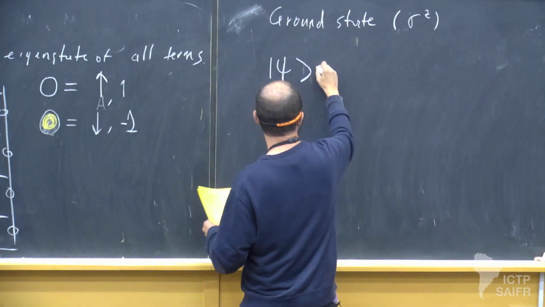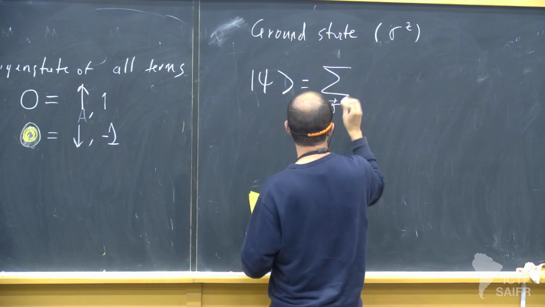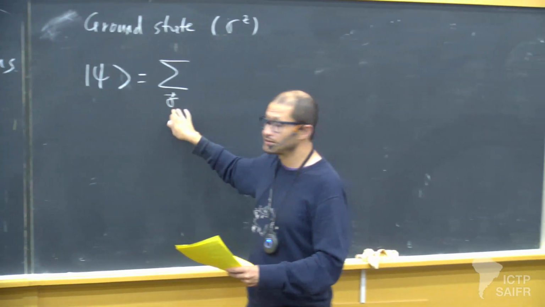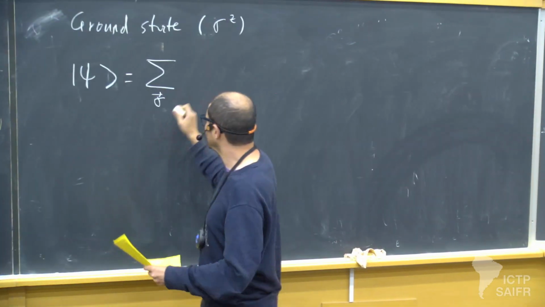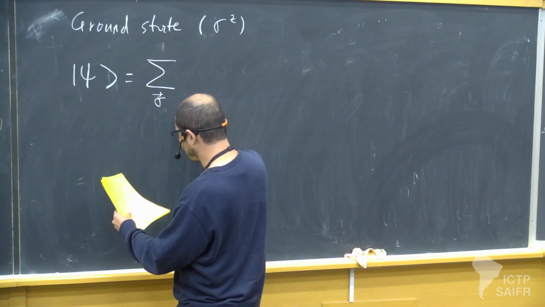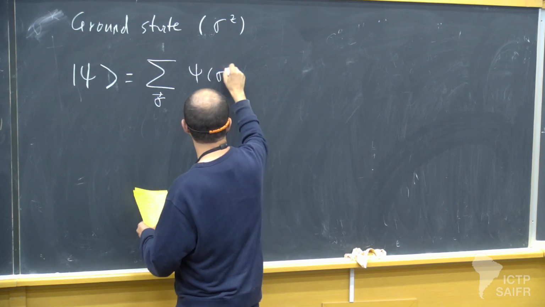It's a superposition over spin configurations sigma. So these are all the spins up and down. Let me first do it this way.